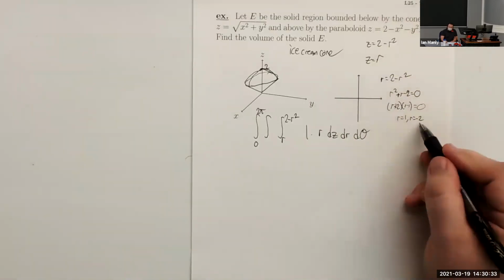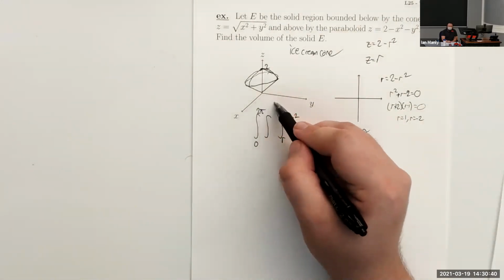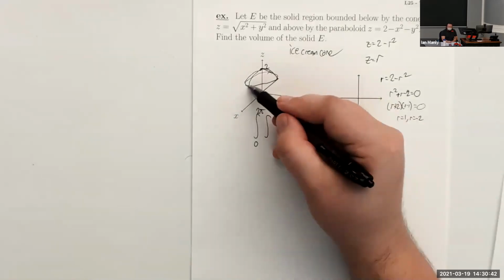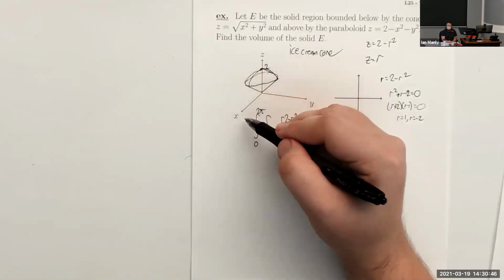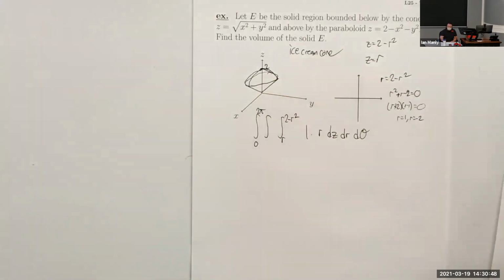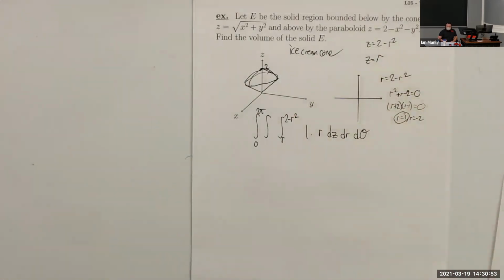And why does r equals -2 make sense? Well, if we were willing to have negative r values and hence negative z values, this cone would turn into an hourglass. And the paraboloid would also meet the cone going down this way at r is -2. But since we're forbidding negative r's from occurring, this must happen at r equals 1.